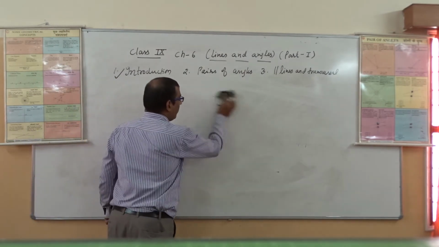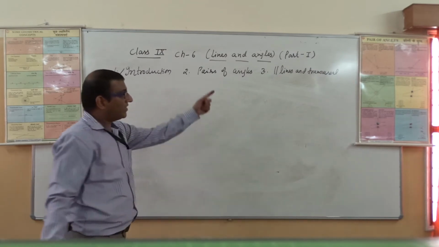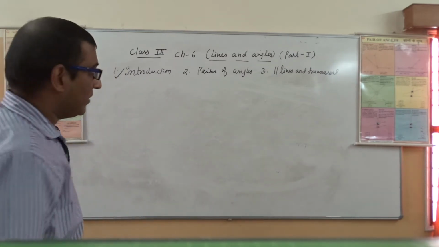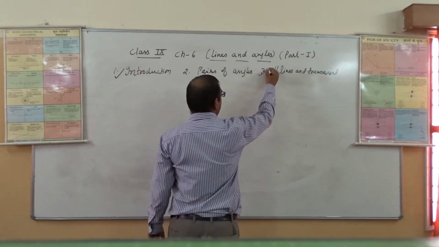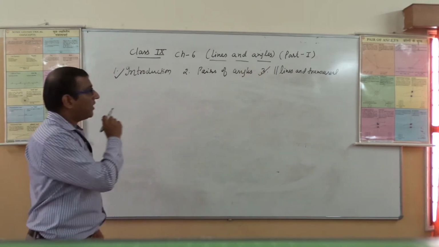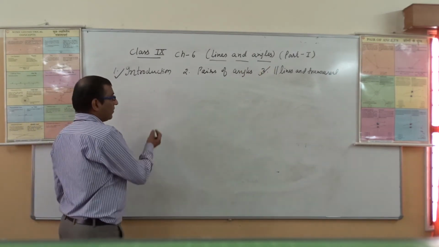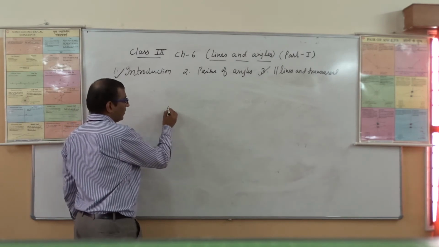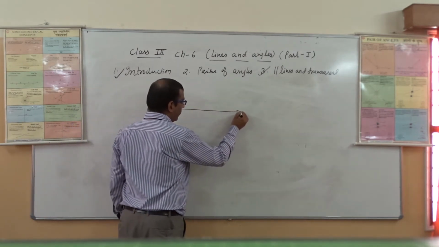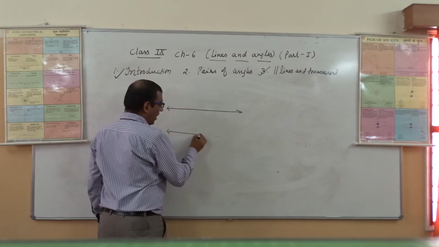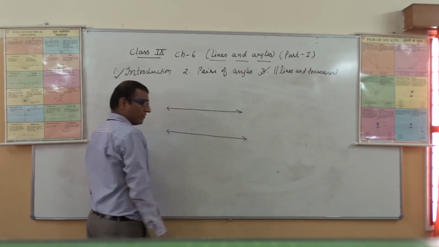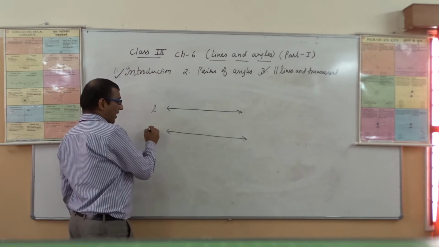Okay. Now we will come to the next concept, that is parallel lines and transversal. It is one of the important concepts of this chapter, lines and angles. In this concept, as you know very well, first we will come to parallel lines. Parallel lines never intersect each other. So these two are parallel lines.